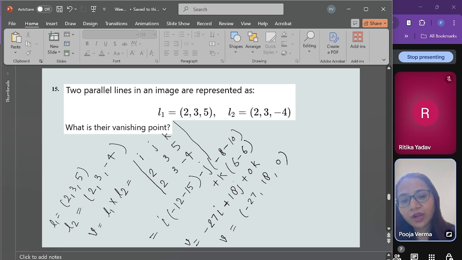Now something is common here, so just dehomogenize it, that means remove the scaling factor.